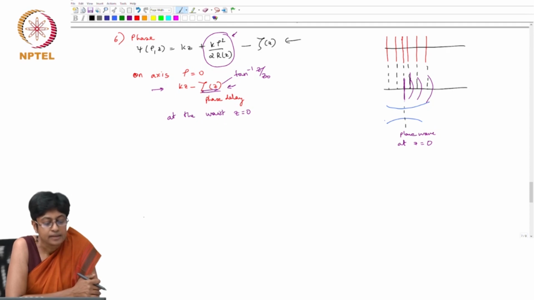Okay, and if that term goes to 0, you're left only with kz minus zeta of z. Zeta of z is nothing but the tan inverse of z by z naught. So these 2 terms are what control the way the phase of this Gaussian beam changes as it travels. But it's the way the phase changes on the axis.